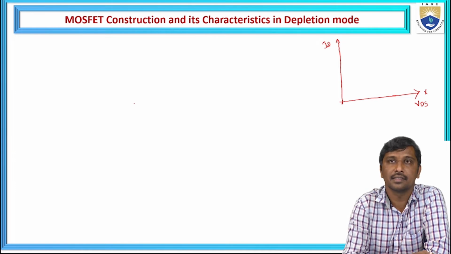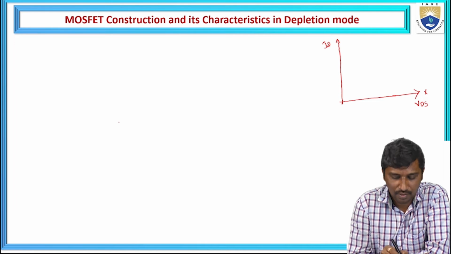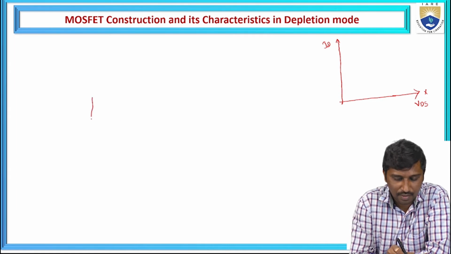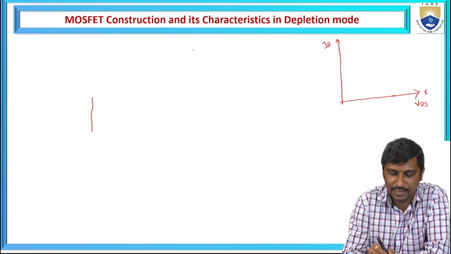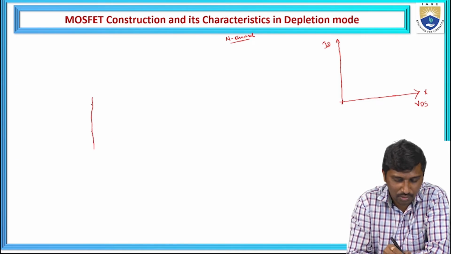To understand this operation, I am going to take the construction. This is for N channel depletion type mode characteristics. And just now we discussed this.